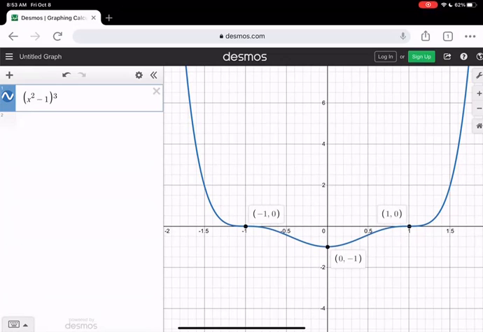So at that point, we don't have a local max or min. What about at 0? Yeah, because from the left, we've decreased, then we increase. So at x equals 0, we do have a local max, or local min rather. Good catch. And when x equals 1, no local extrema.